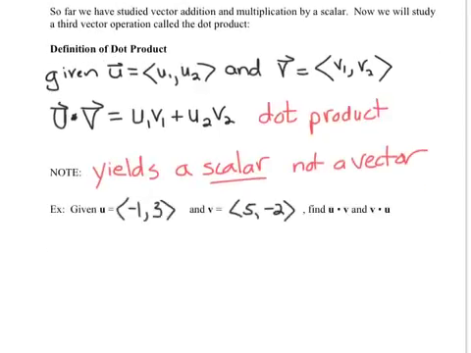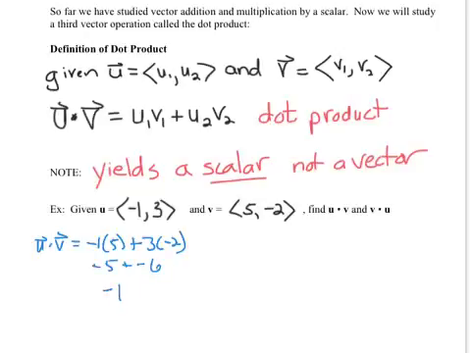Alright, I have a couple vectors. U is -1, 3, and v is 5, -2. I'm going to find u dot v and v dot u. So u dot v, that's what you get when you take -1 times 5 plus 3 times -2. So -5 plus -6.